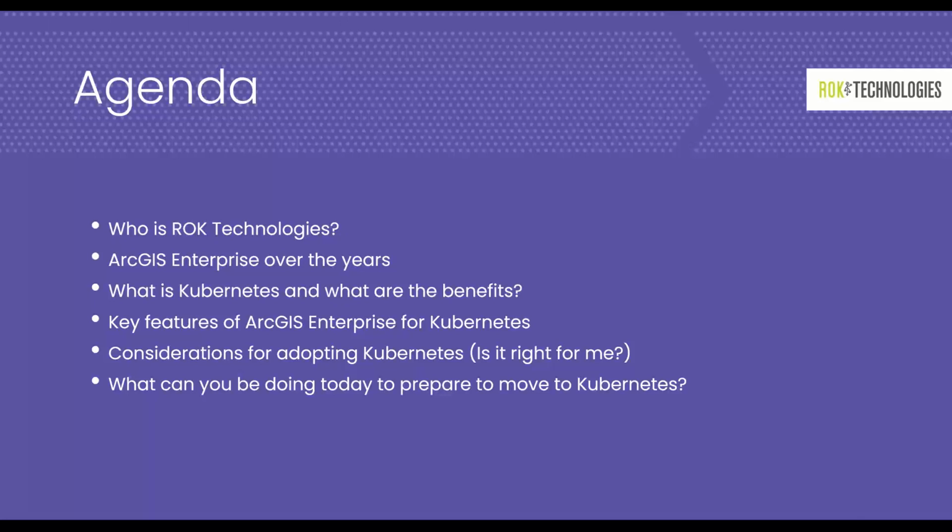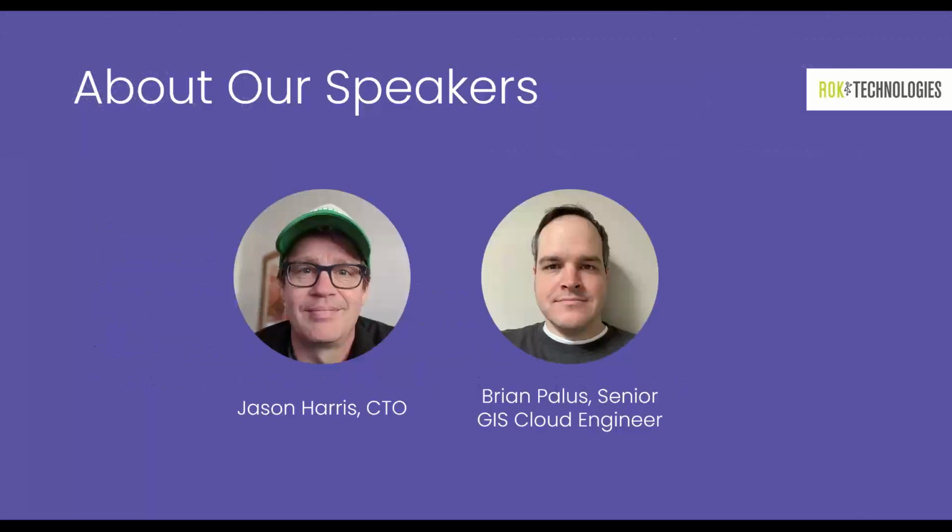Then what is Kubernetes and what are the benefits? Why should we think about using this? Some of the key features of ArcGIS Enterprise specifically on Kubernetes. Then we're going to talk about considerations for actually adopting Kubernetes. Is this going to be right for me? And if you're not there yet, but you're thinking about it, what can you be doing to prepare yourself to make that move to Kubernetes?